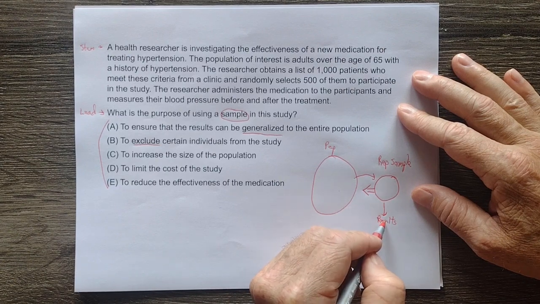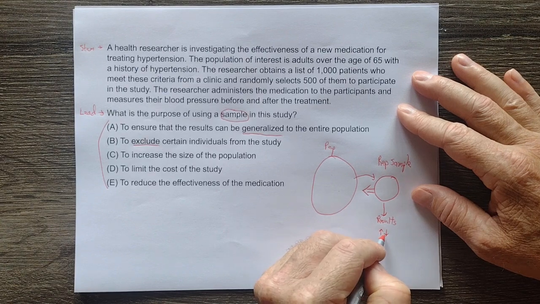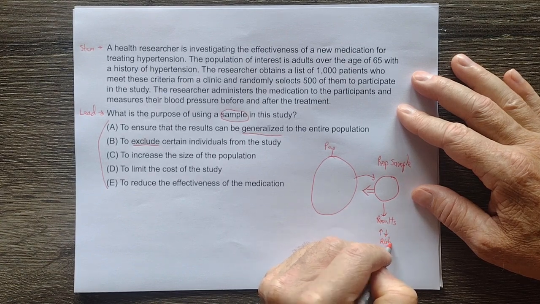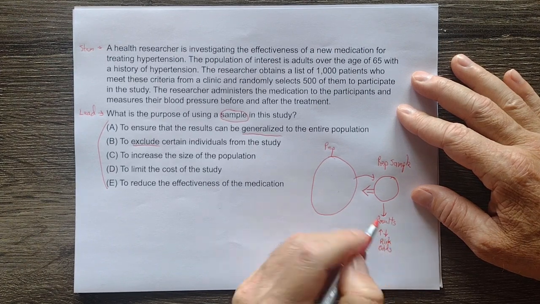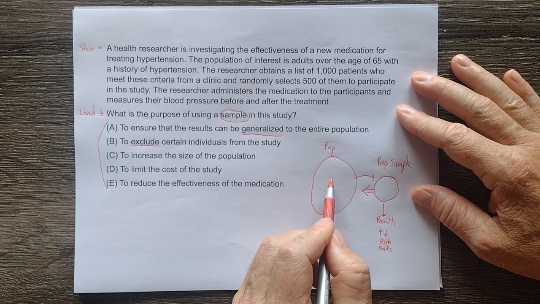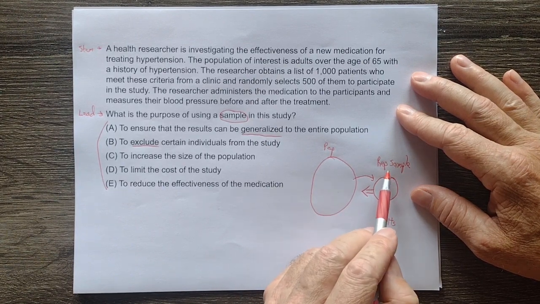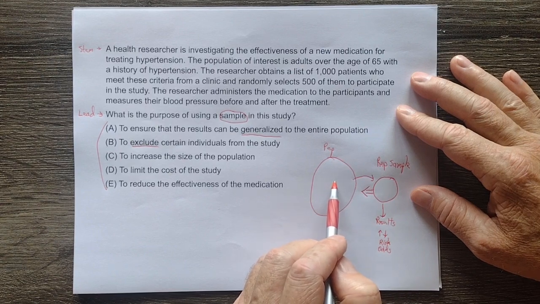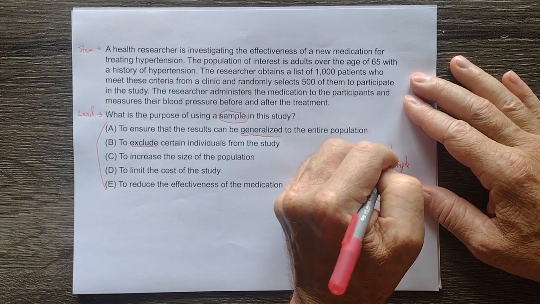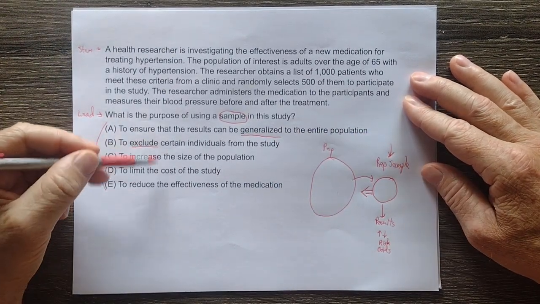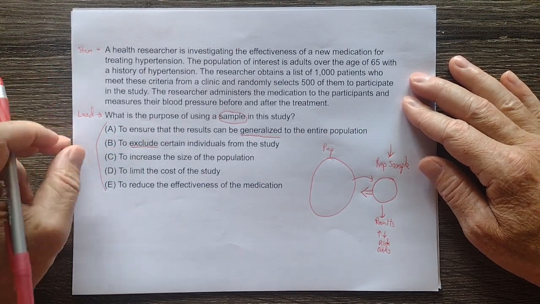So if we get results here saying increase or decrease of something, or the risk of something, or the odds of something happening, then we can say that in the general population, given all of these characteristics, this is representative of the entire population. And that's the goal. And there's several reasons why we might actually take a sample. So I think that's what this is getting to, is why do we do a sample? So let's get to the question stem.